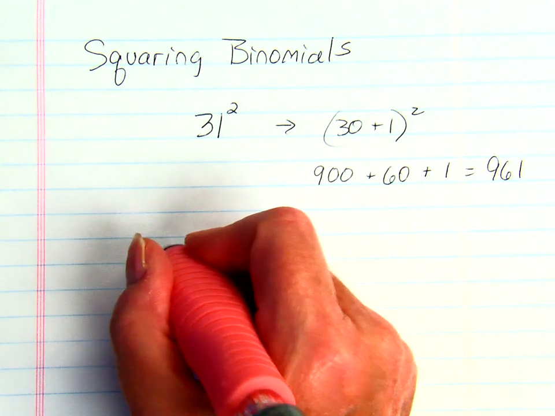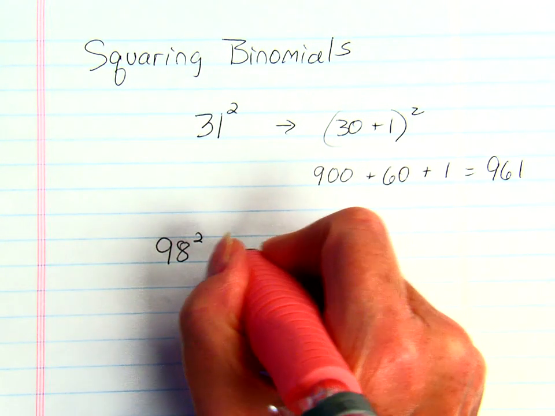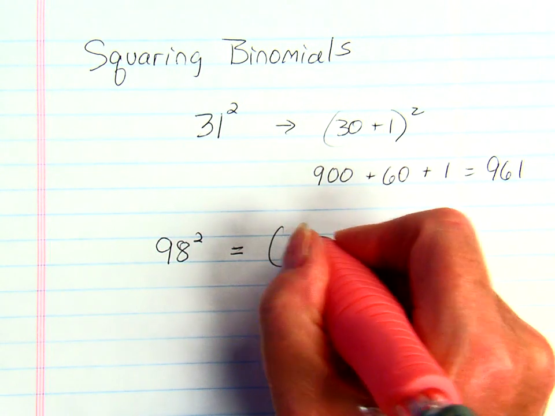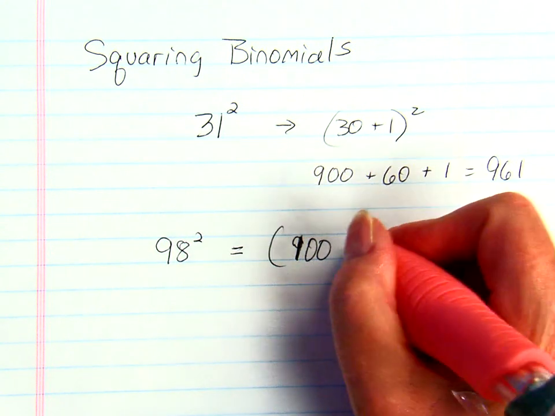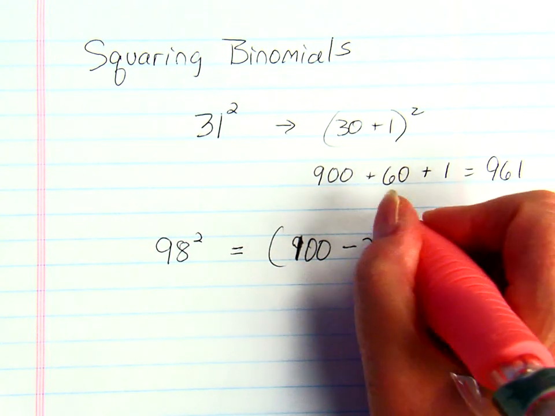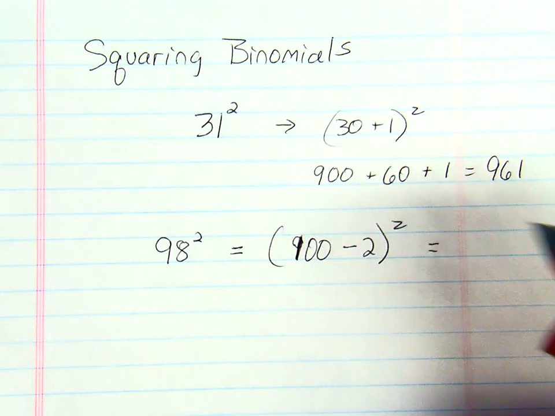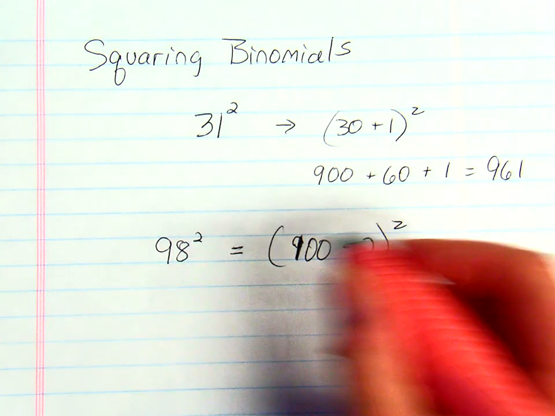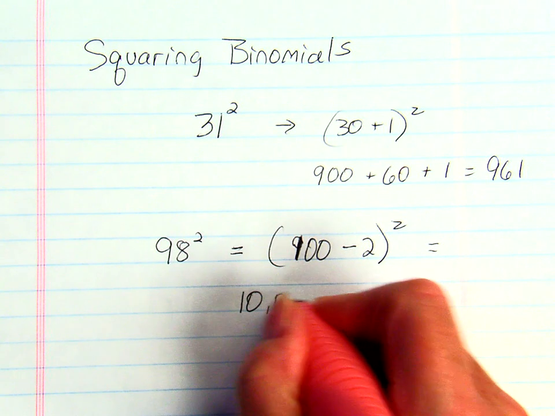Okay, you can do this with any of these squares. Let's do 98 squared. 98 squared, we could say, let's go with 100 minus 2 squared. Okay, 100 minus 2 is 98. So 100 squared, well, now you just got to make sure that you've got the 4 zeros. So that's going to be 10,000.